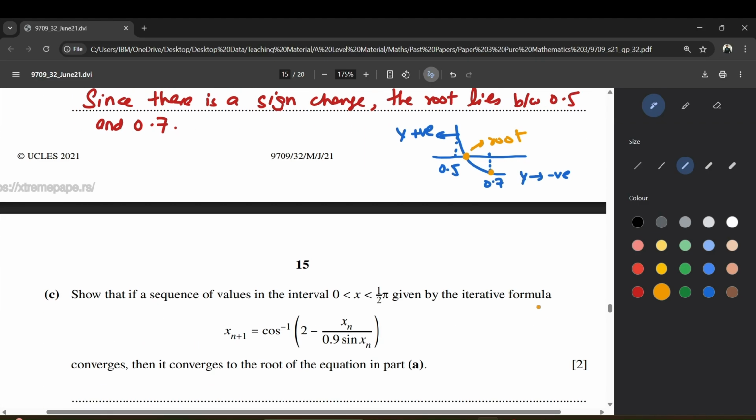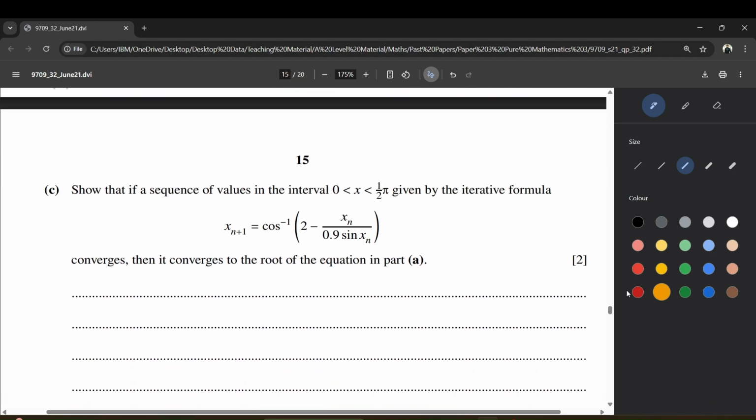Okay, all right. Now it says, show that if a sequence of values in the interval given by the iterative formula converges, then it converges to the root of the equation in part A. Whenever you have this type of question, first write the formula without the subscripts: x is equal to cos inverse of (2 minus x upon 0.9 sine x).